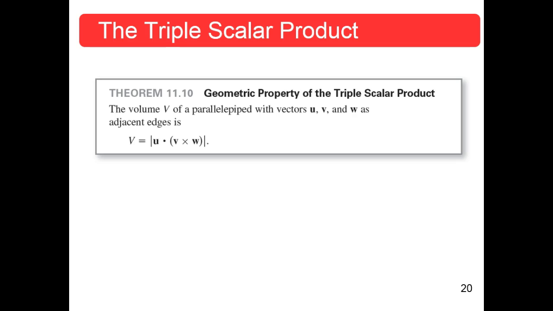So if you want to cross these two and dot with that, that's fine. Dot this with the cross product of those two. It doesn't matter which order you do, because you're taking the absolute value, it will give you the answer.